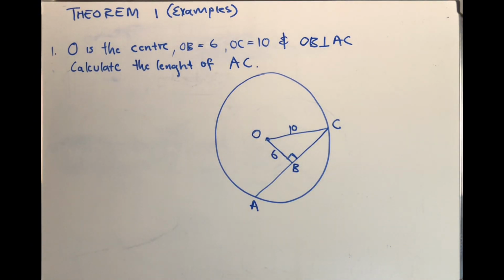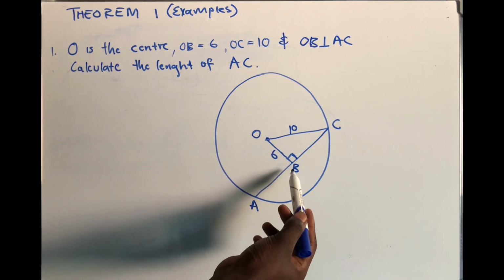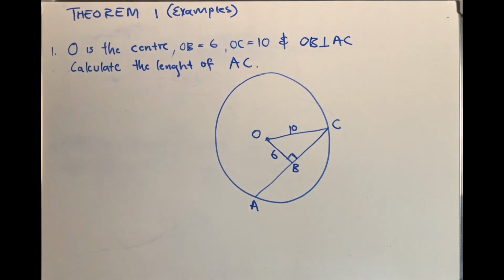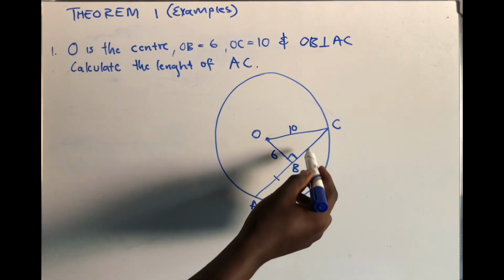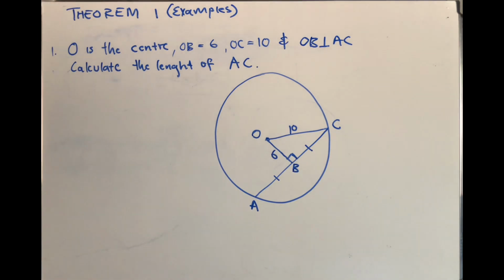If we remember carefully, we have dealt with this when we were proving the first theorem: if this line is perpendicular to this line and forms 90 degrees here, that means this line is going to be equal to that line. AB is now equal to BC.